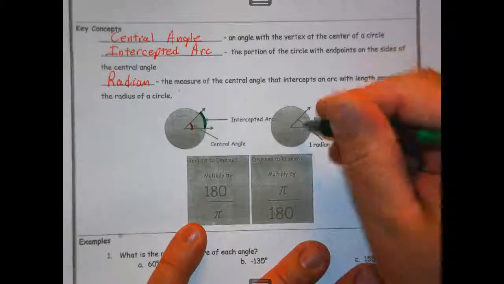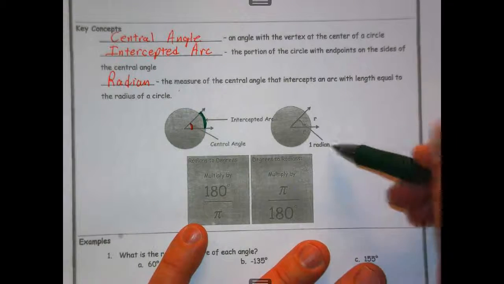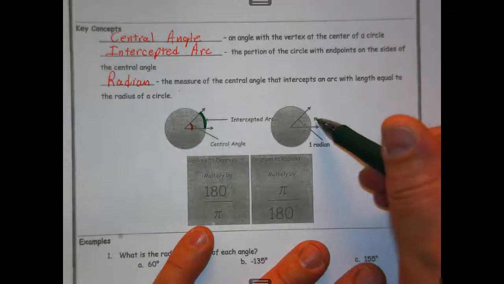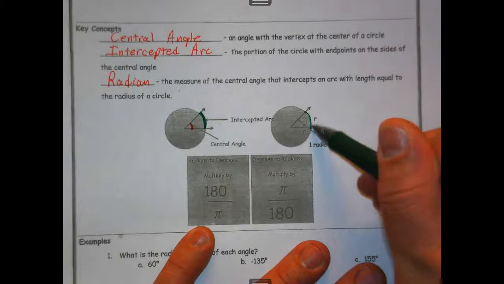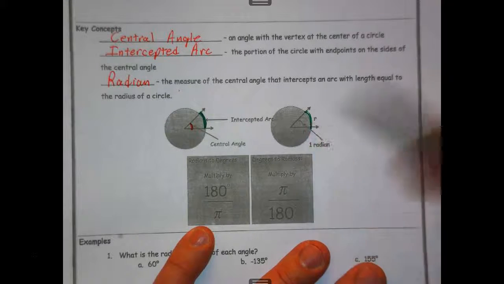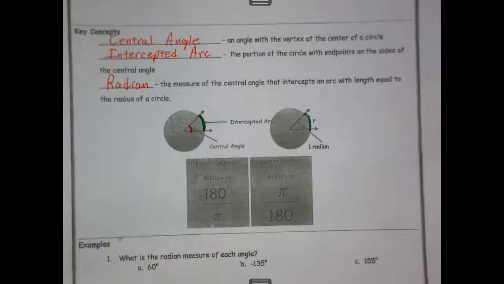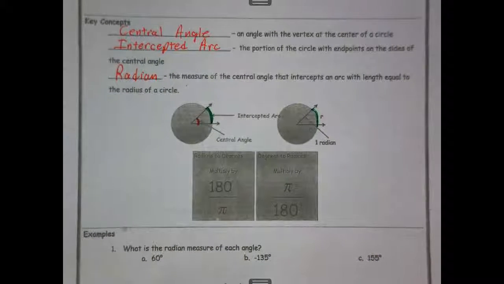So this central angle measurement is 1 radian. And this would be the radius, the arc. Make sense?